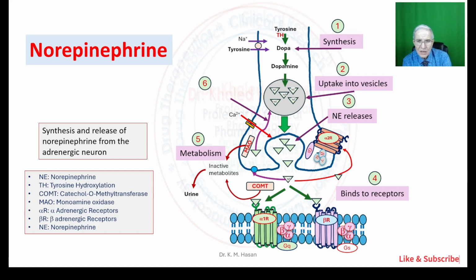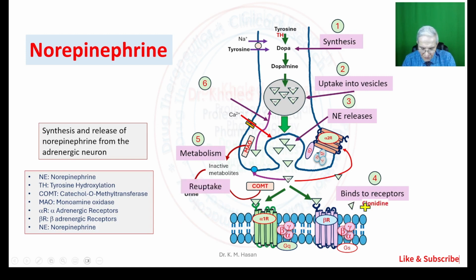So the question we now ask ourselves is: what are the clinical applications of these steps: synthesis, uptake, release, binding to receptor, metabolism, and reuptake? Do you have any clinical application? Okay, let's try to figure out the clinical applications.